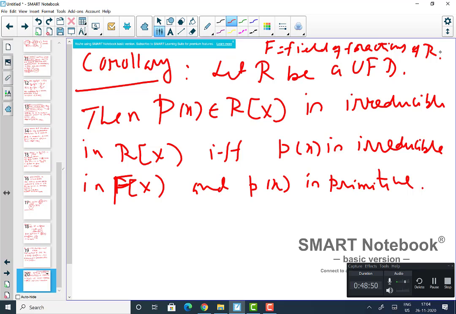We just proved that if it is reducible in F[x], right? So, proof. I'm not writing this, it is a simple proof, so you can easily prove it. Just let me tell you, if a polynomial p(x) is reducible inside F[x], then we know that it is also reducible inside R[x], right? We just proved it. Gauss Lemma tells that thing, right? So what does that mean? That means if it is irreducible inside R[x], it is also irreducible inside F[x], right?